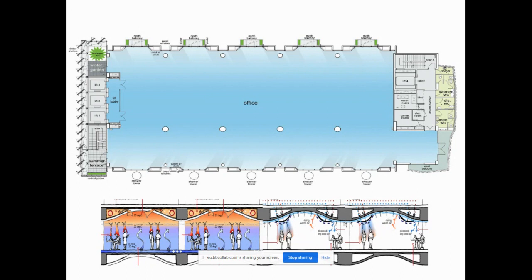So the wavy concrete ceiling is what we call a passive cooling system, and the little dishes underneath the ceiling are chilled panels, and that's active. So remember that. And you can see the north is directly up and south is at the bottom. West is on the left and east is on the right.